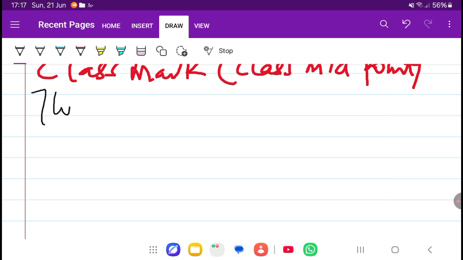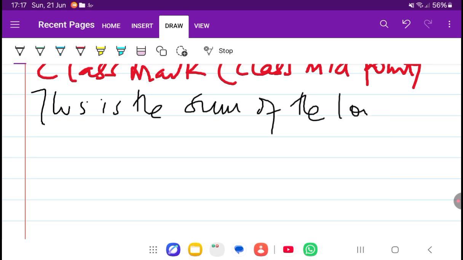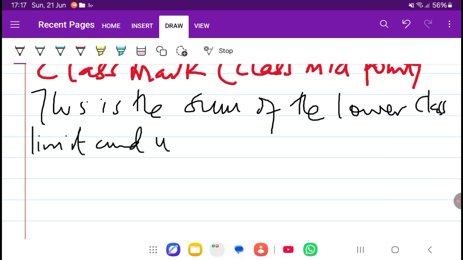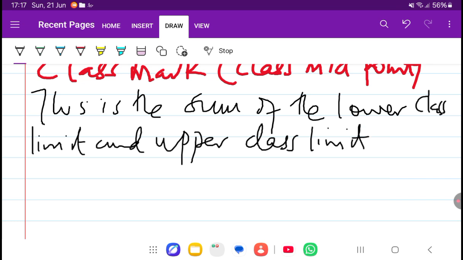So this is the sum of the lower class limit, this is not boundary, but class limit, the lower class limit and upper class limit, divided by 2.